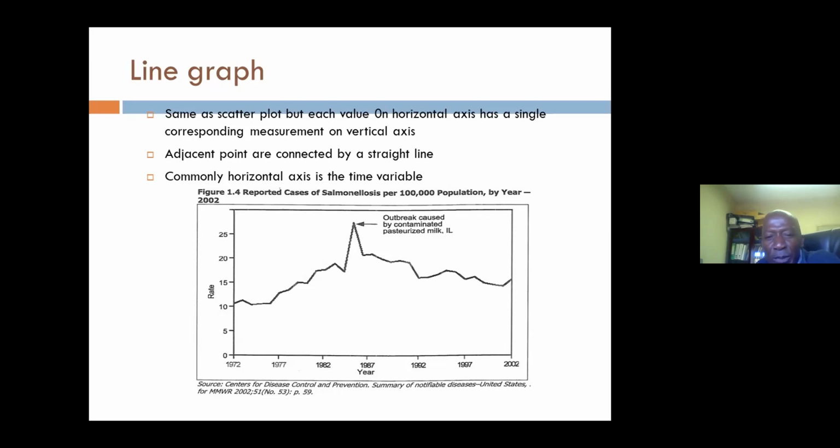You may need to explain that peak, and that graph indicates that there was an outbreak caused by contaminated pasteurized milk during that year. There was that spike. So whenever you look at a graph, you need to explain unusual occurrences defined by sudden spikes, and explain why that phenomenon is being seen.